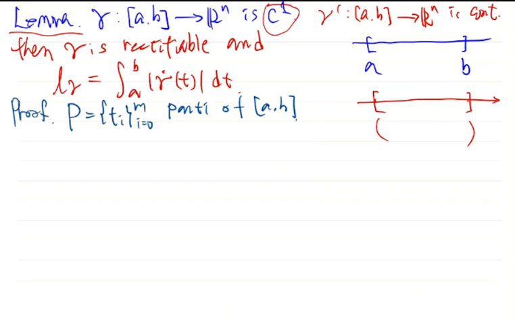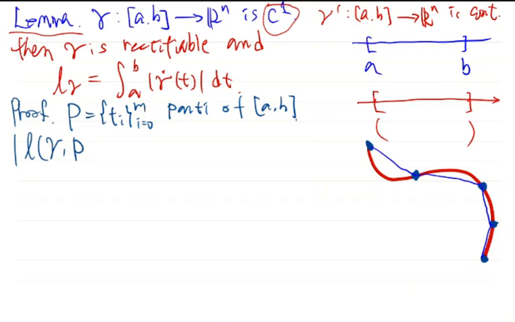Then we estimate. So we have a curve, and we have a partition of the interval [a, b]. Correspondingly, we get some points on the curve, the points gamma(t_i). Then we estimate the length of the inscribed polygonal path, joining these points. The total length of the polygonal path is denoted L(gamma, P).